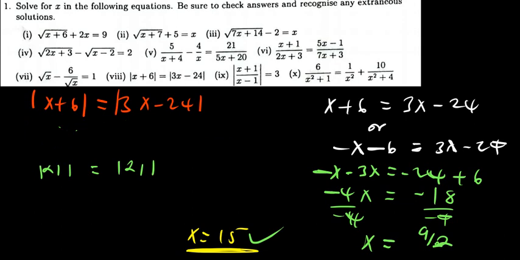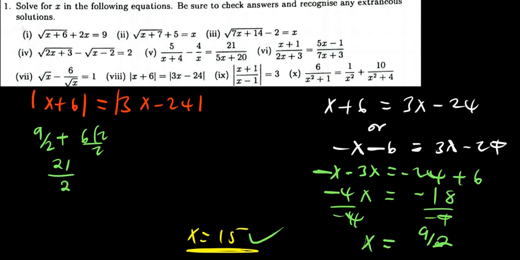Let's try 9 over 2. So 9 over 2 plus 6, it is the same as here I put 2 over 2. So it will be 12 plus 9. So 12 plus 9, it should be 21. So you have 21 over 2.